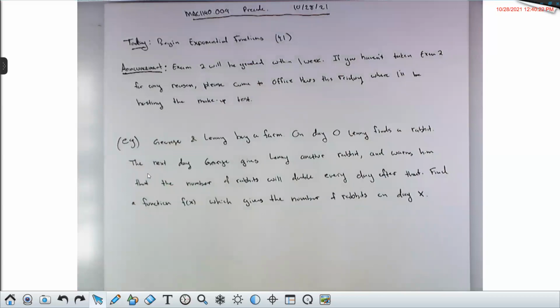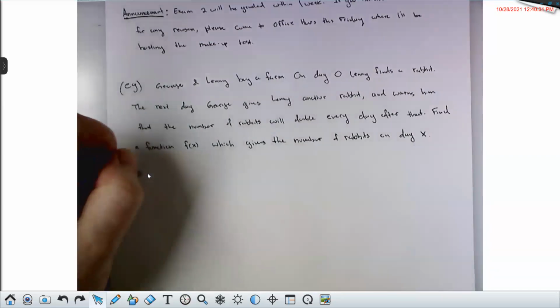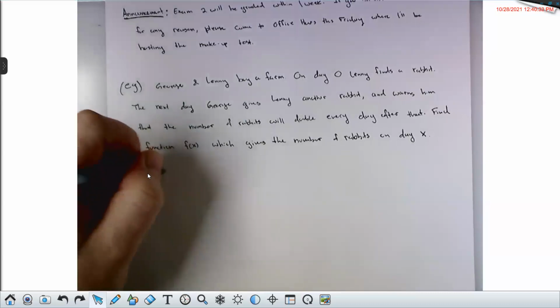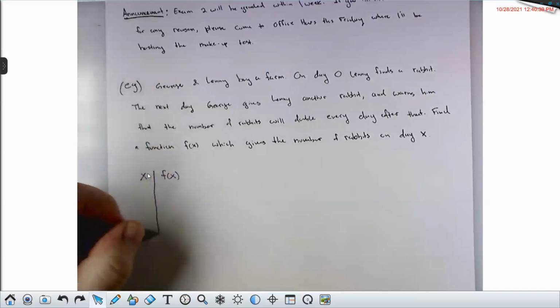And I think the best way to go about this, if you don't have any previous experience with exponential functions, is to start by making a little table. So over here, we'll put x. Over here, we will put f of x. X is the day, and f of x is the number of rabbits in Lenny's hutch.